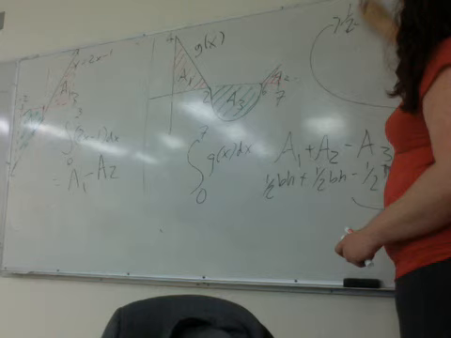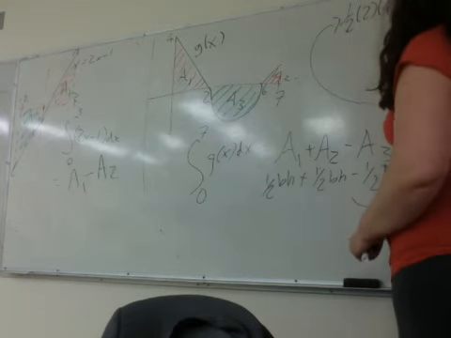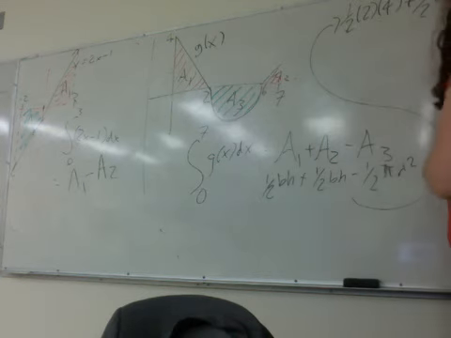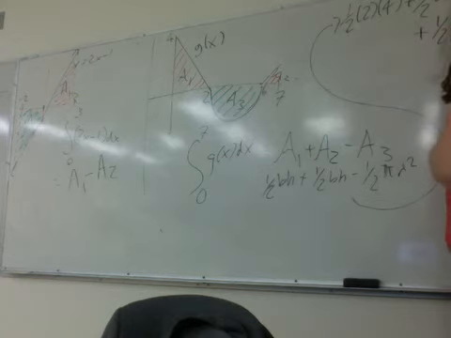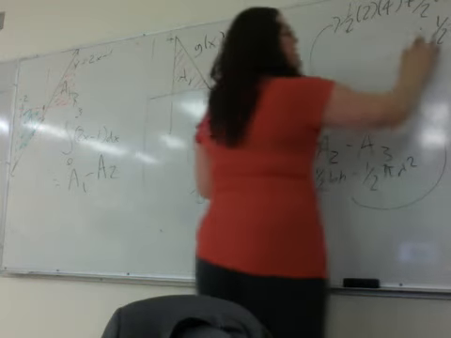So here we have 1/2 times 2 times 4. This triangle, the base is 1, the height is 1. The radius of this circle is 2. So 2 times 4 is 8, half of 8 is 4. Minus that. Oh, thank you.